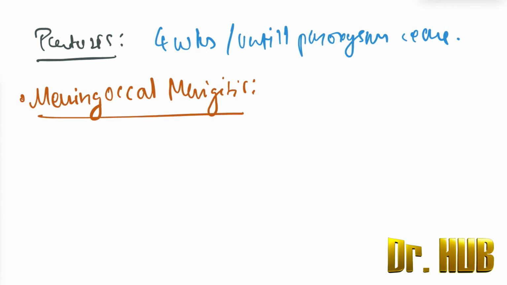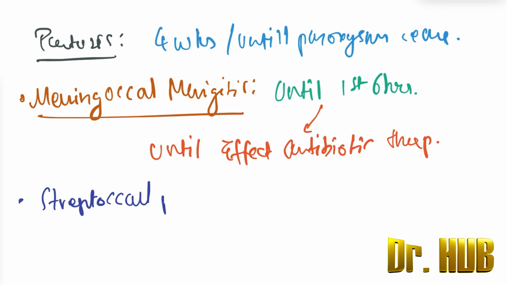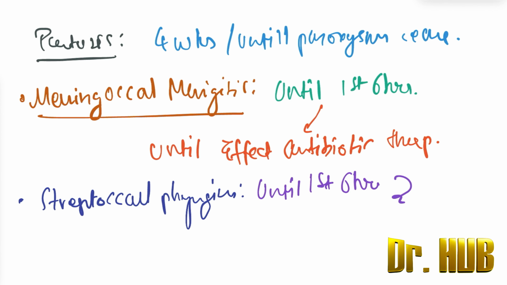Under meningococcal meningitis, isolation is until the first 6 hours of effective antibiotic therapy. Next will be streptococcal pharyngitis, and this will also be until the first 6 hours of effective antibiotic therapy.